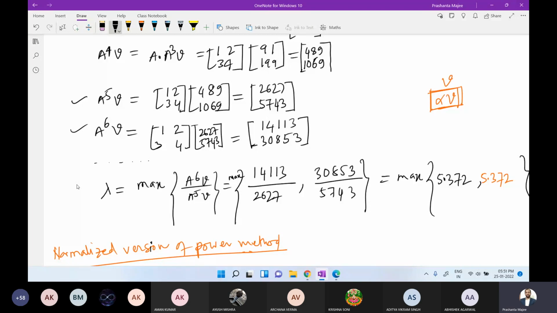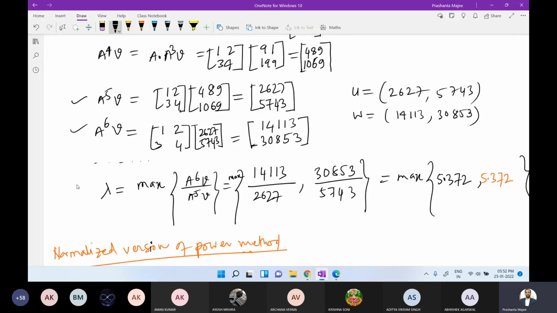So you have these two vectors. Let's say u is 2627, 5743. This is u, and you have another vector in the next iteration, that is 14113 and 30853.